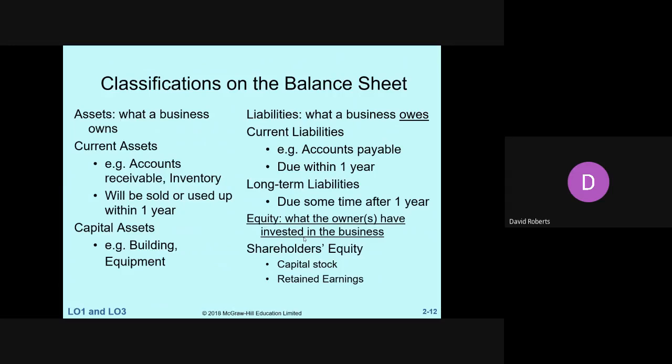They last more than a year. And current and long-term liabilities. So there are 5 of these classifications, under current assets, capital assets, etc. These are important to understand for finance, because we are also very much focused on whether it is a short-term loan or a long-term loan.